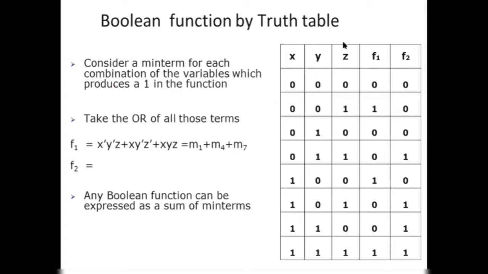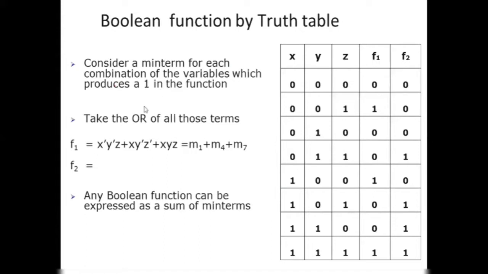So that's the truth table, all the combinations with three variables, and look at the F1 value. Here we have to consider a min term for each combination of the variables which will produce a 1 in the function.